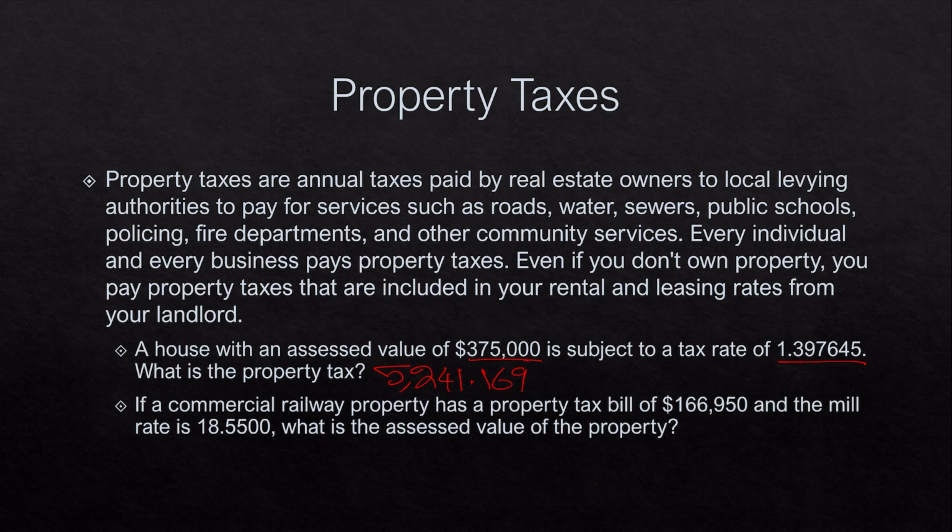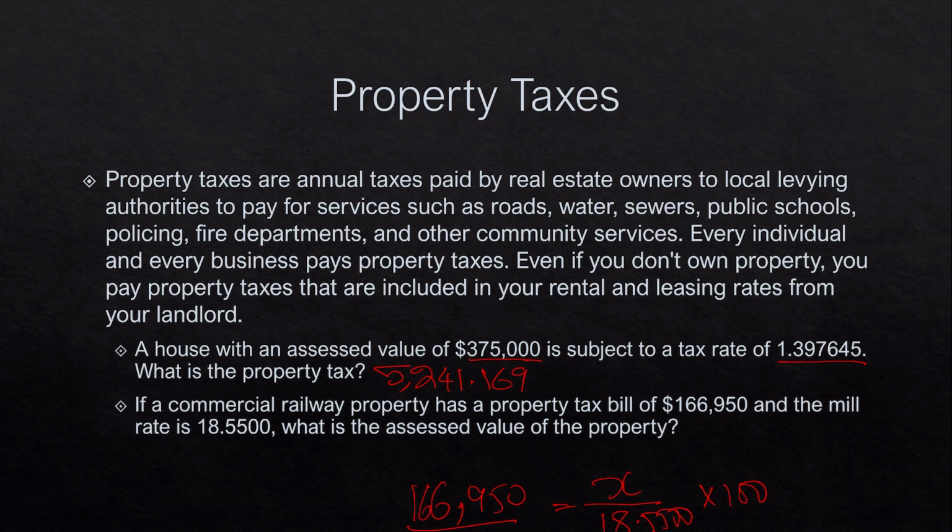If we don't know the value of the property, we work backwards from the property tax bill, 166,950, multiply it by 100, and divide by the rate.